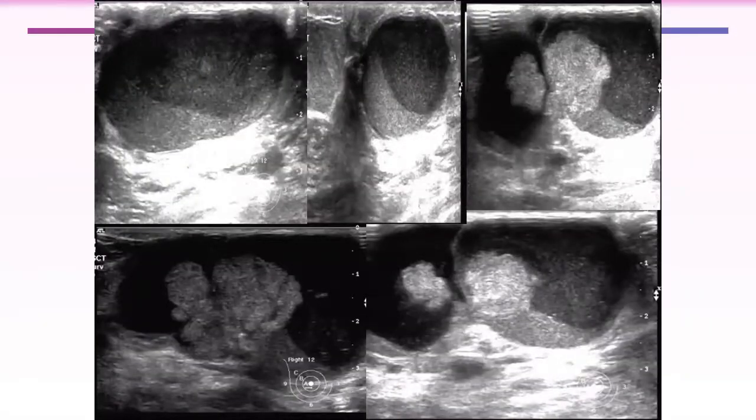The ultrasound shows a circumscribed mass with different density and with different echogenicities.